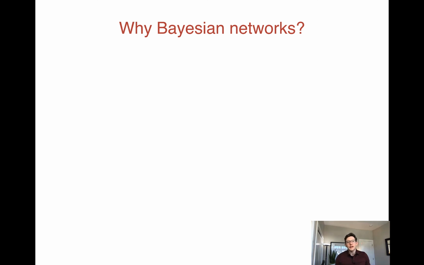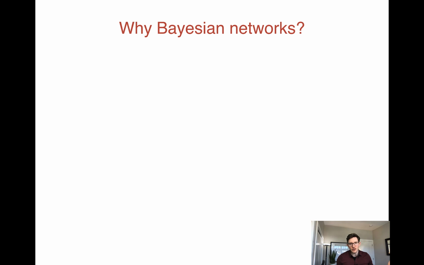So in this section, again, we're discussing probabilistic inference in general, where we're trying to go up a level of abstraction and come up with algorithms that are general for many different probabilistic models. So one might ask, okay, why use Bayesian networks?